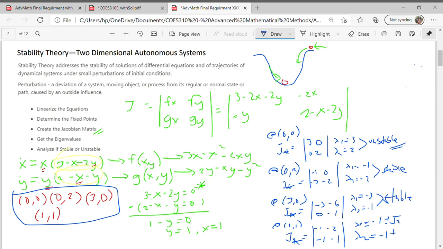So one will result in a positive eigenvalue and one is negative. So it means it is unstable.